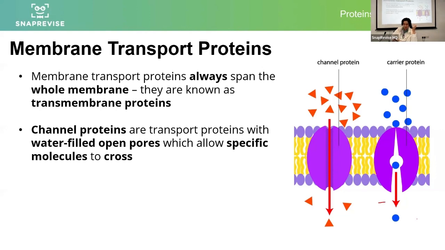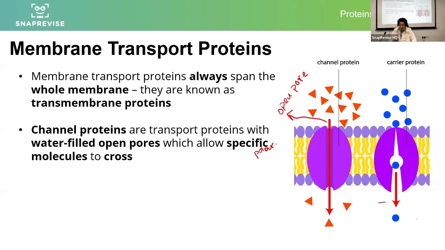These specific molecules are most of the time going to be polar. But sometimes channel proteins will not allow any polar molecule to pass through. They'll have some specificity about which exact types of molecules they allow. So this, for example, is showing us an open pore of a channel protein. And of course, we're going to see in a minute that they are mainly involved in facilitated diffusion.